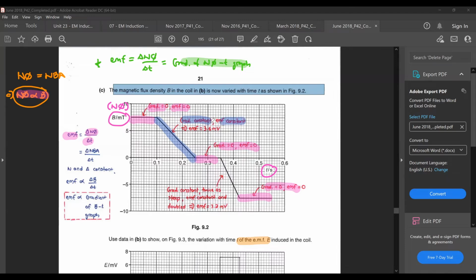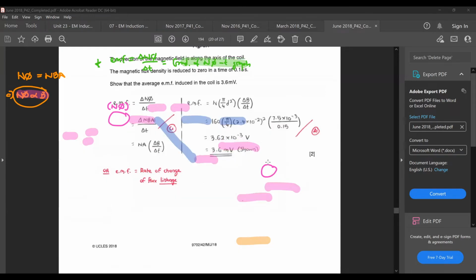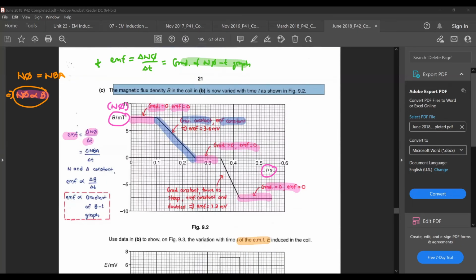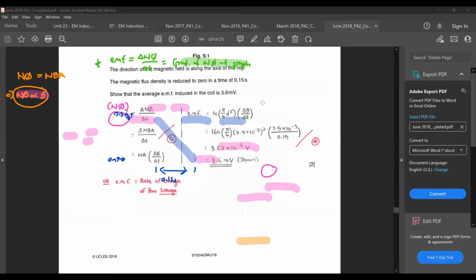Now, if you look a bit more in the previous part of your question, you would notice that you actually already found out the value of the EMF here. Because you see this one here, if you look carefully, this value here is 7.5 millitesla. And then this one here is 0 millitesla. And it occurred at a time of 0.15 seconds. Isn't this what you were doing over here?